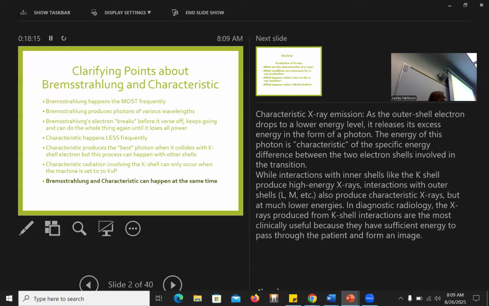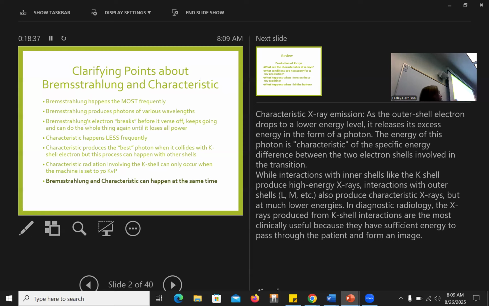So yes, it can happen with other electrons in different orbits, but the K shell is the one we really focus on. Characteristic radiation involving the K shell can only occur when the machine is set to 70 kVp. That's what makes it unique.